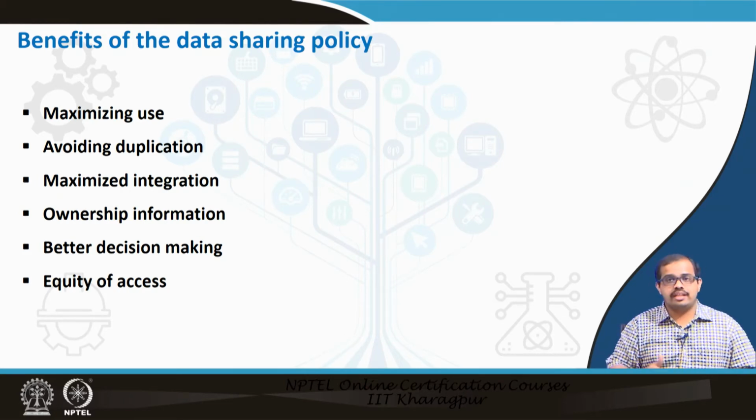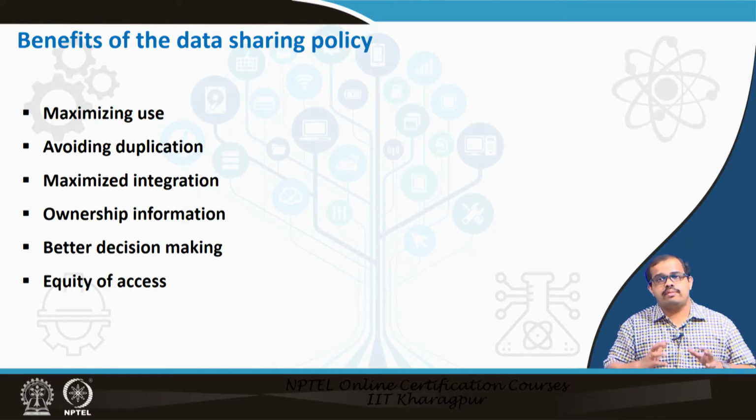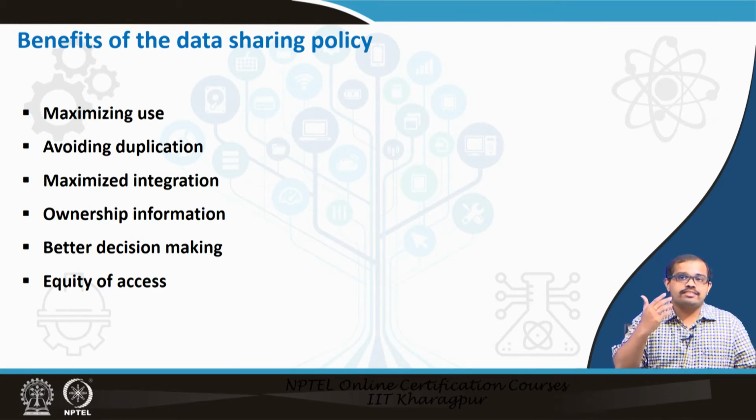Then maximize integration of data. Then ownership information will be created along with the data, because once the data is out of your box, it may be manipulated the way it is required to. So embedding ownership information entails that the owner can represent whatever the basic data that he or she has created, and helps in defining how the data has been created, and most importantly it is for decision making.